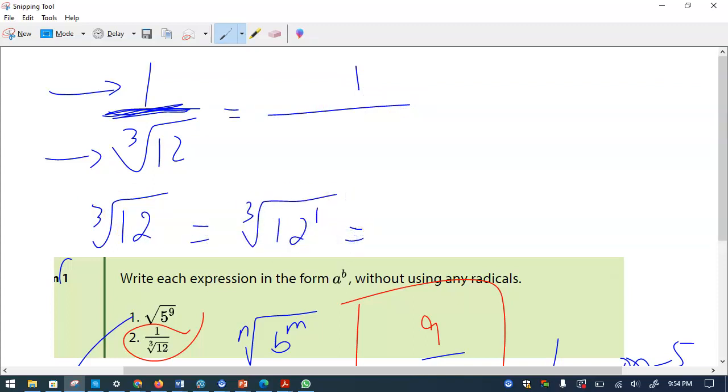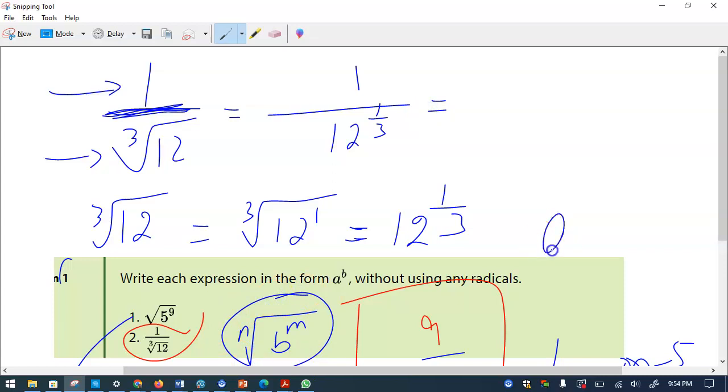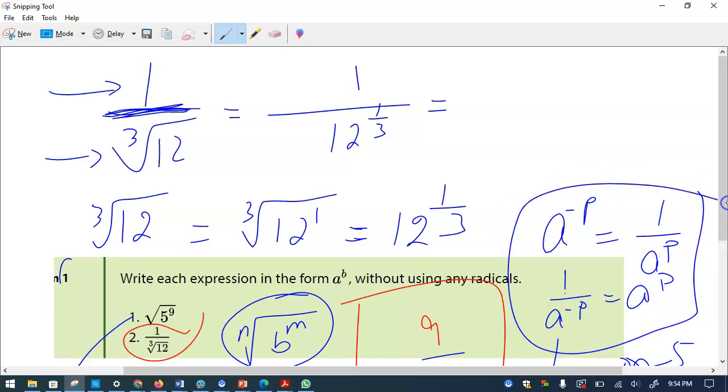By that formula, we can write 12 raised to 1 over 3. Using the same formula, we have seen that 1 over a raised to p is the same as a raised to minus p.